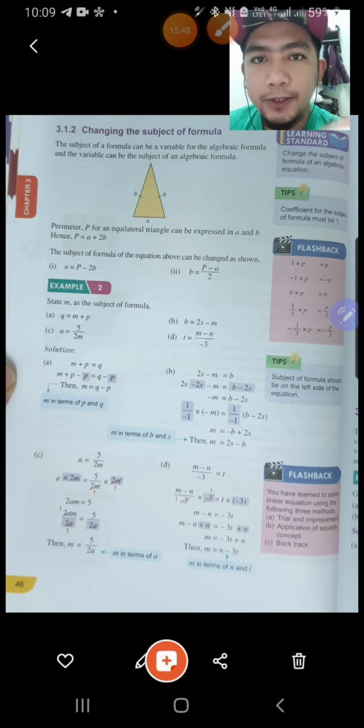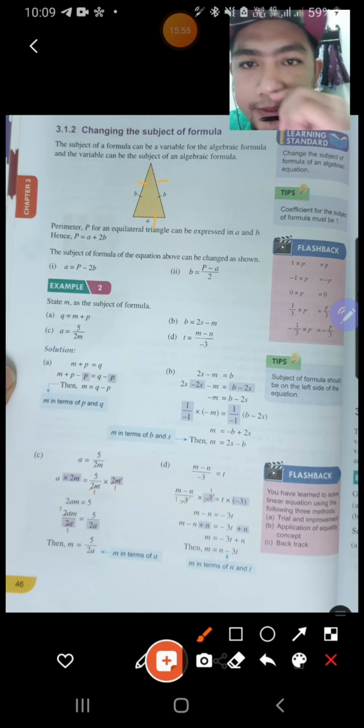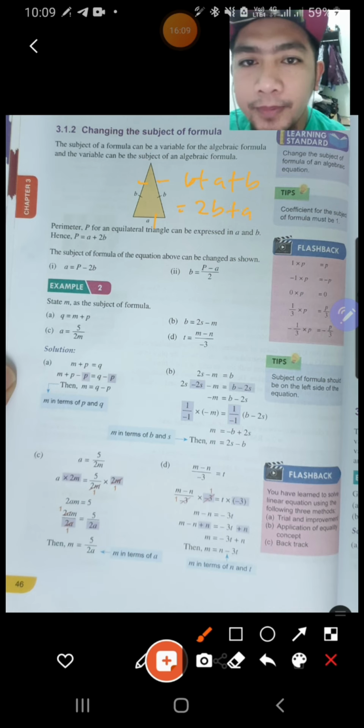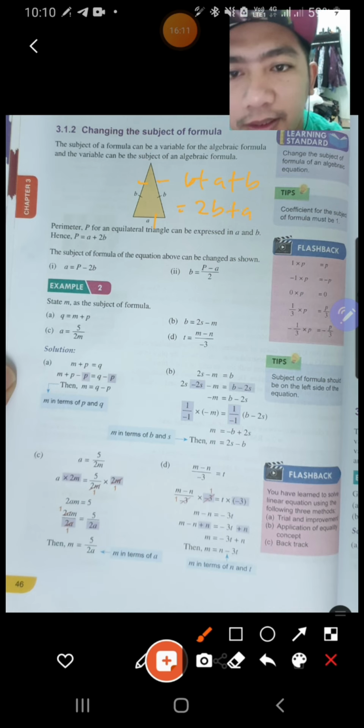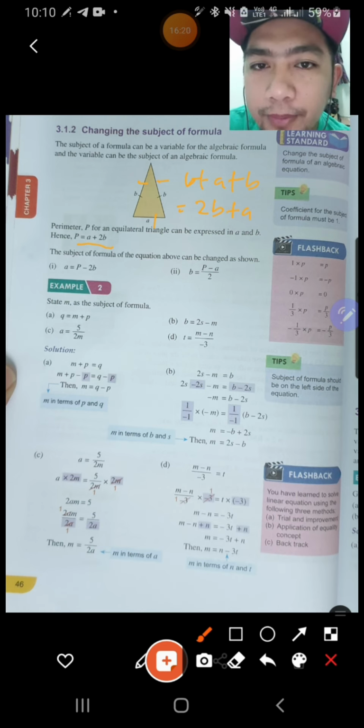So remember, perimeter means you need to add up all three sides: B plus A plus B. So it will become 2B plus A, or A plus 2B. That's why P, the perimeter, is equal to A plus 2B, or P equal to 2B plus A.